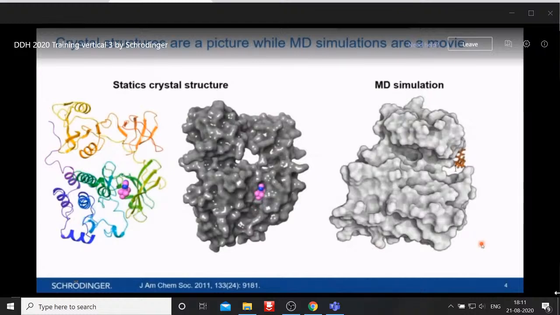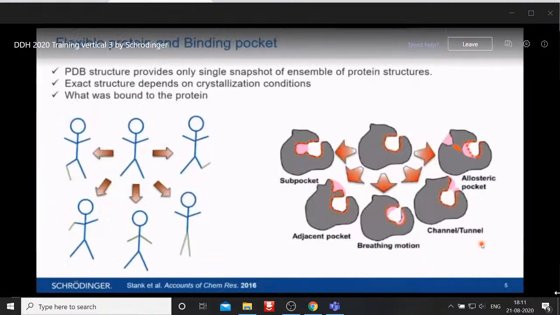So this is the power of MD simulation. If you try to relate it to our day-to-day life, here you can see a representation of a human. The structure we get from the Protein Data Bank or crystallography is a static structure. If a human is static, in a way it's dead.